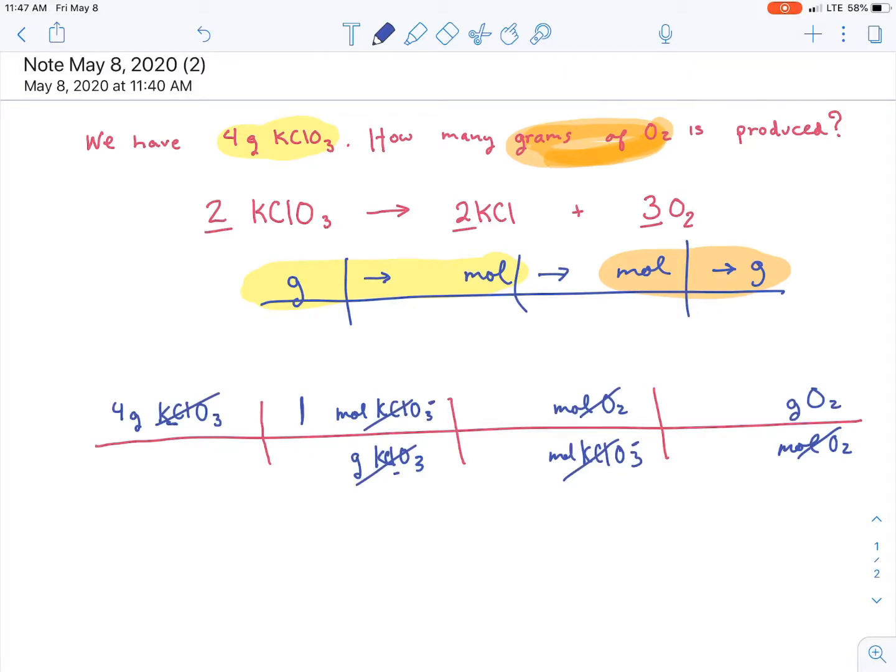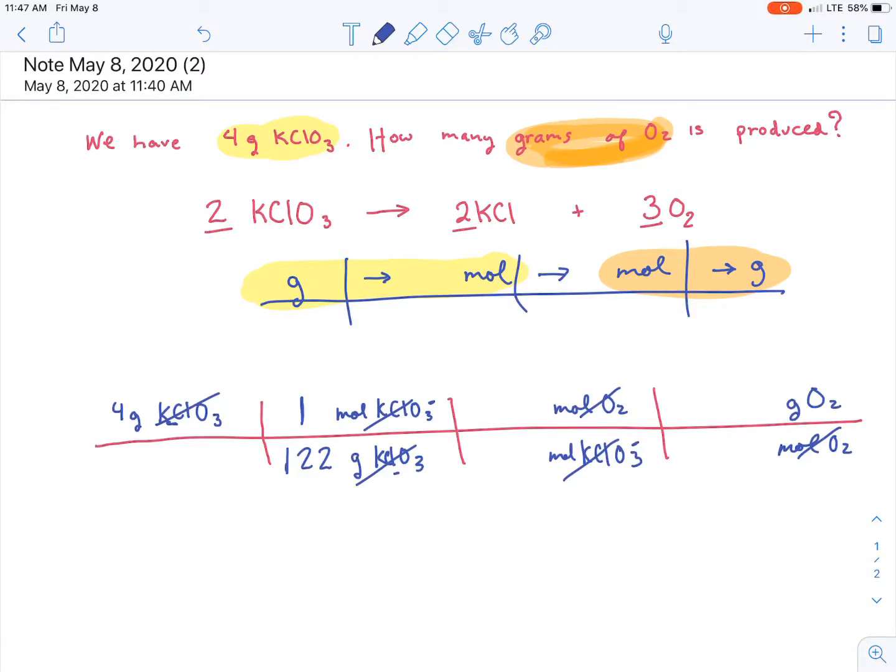Potassium weighs 39. So 39 plus chlorine, which is 35, plus oxygen, which is 16, and there's 3 of them, so 16 times 3 equals, I got 122. So KClO3 weighs 122 grams per 1 mole.